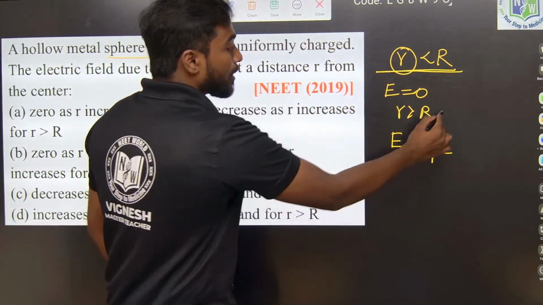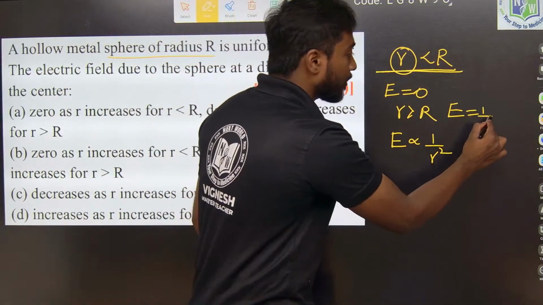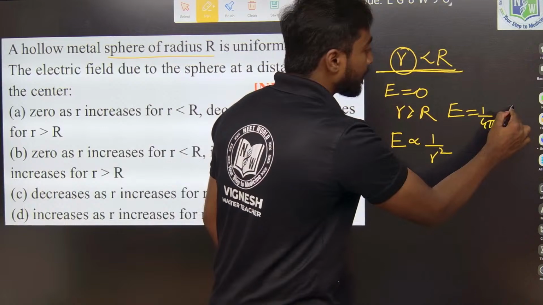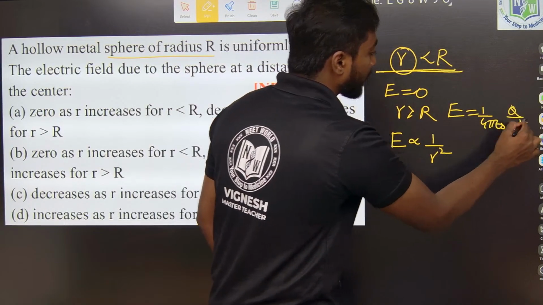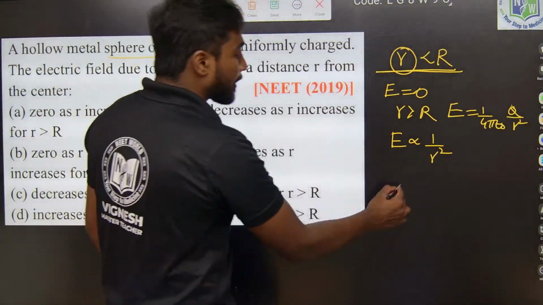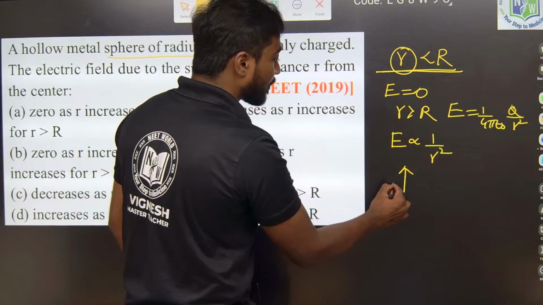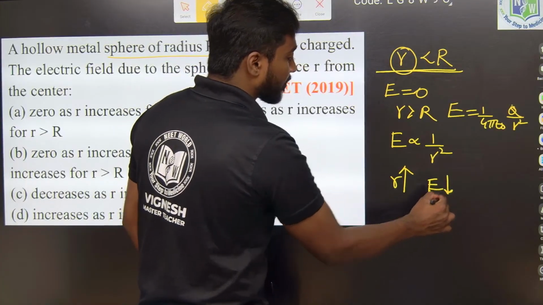square, where E is equal to 1 by 4 pi epsilon naught q by r square, right? So E is inversely proportional to r square. When r increases, E decreases, right?